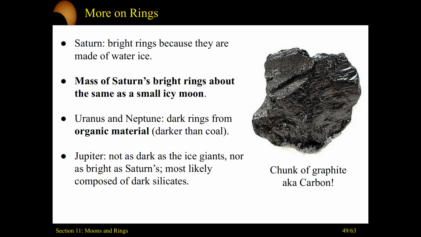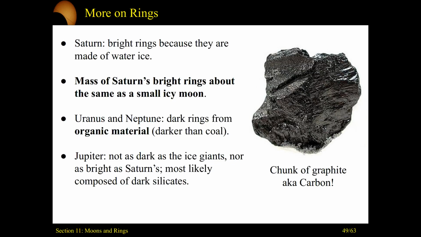So stitching all this together now, the colors, the darkness, the opacity. Here's what we can say. Saturn's rings are bright because they're mostly made of water ice. Nice. And that ice does a really great job of reflecting light, making the colors we see. And in fact, the mass of Saturn's bright rings is about that of a small icy moon.